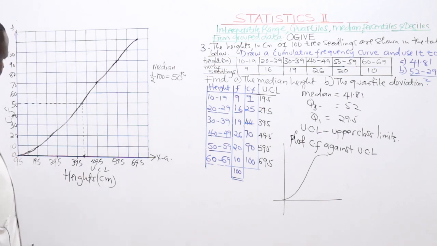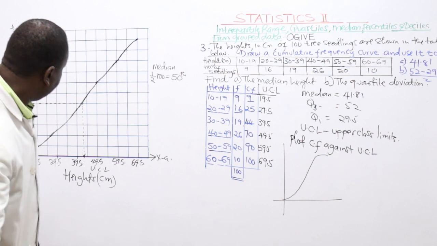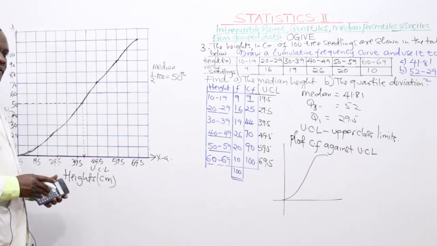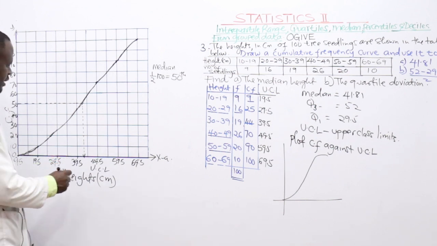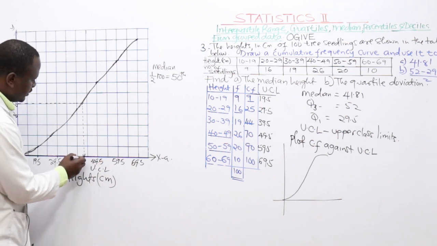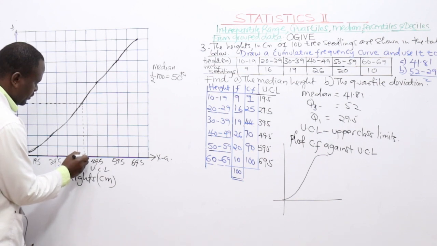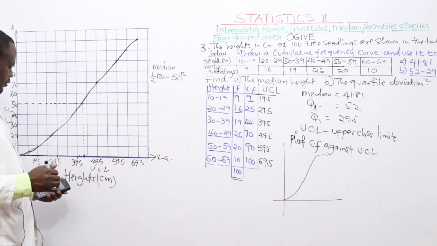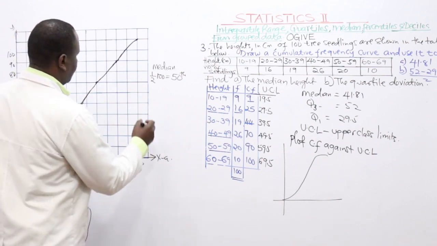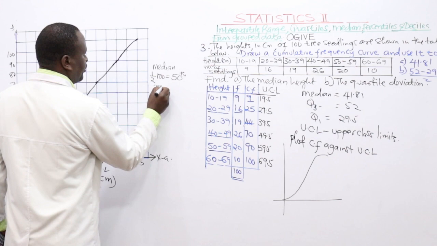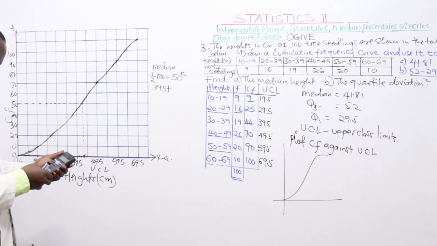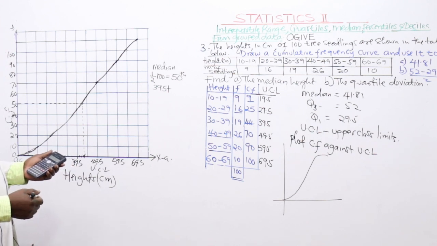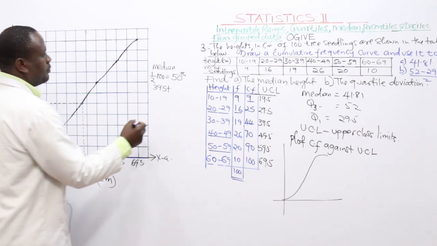Now, we have to do our mathematics. From 39 to 45, those are 10 units, so there are 10 lines here. You count 1, 2, 3. So you say 39.5 plus around 2.